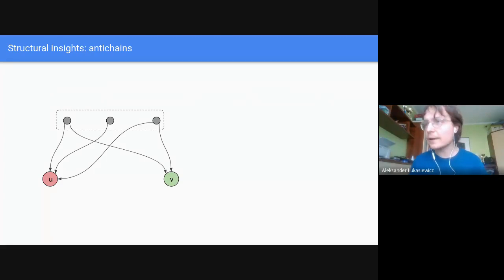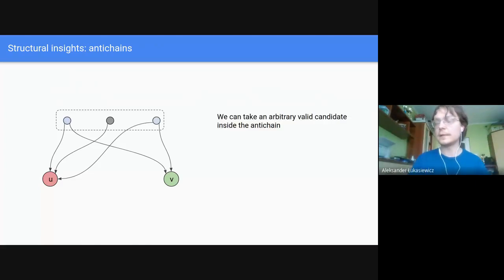Observe that if we have an anti-chain, and we have some candidates for LCA inside this anti-chain, as on the slide, then it doesn't matter which one we take, because there is no path from one to the other. So they don't clash.